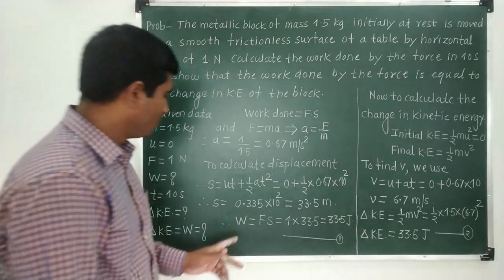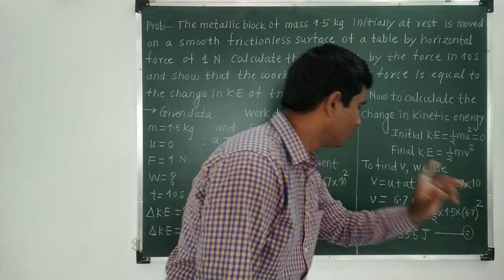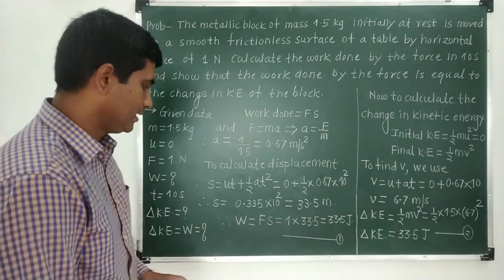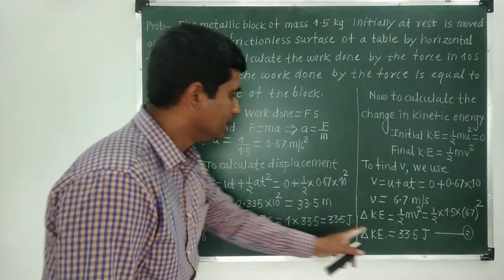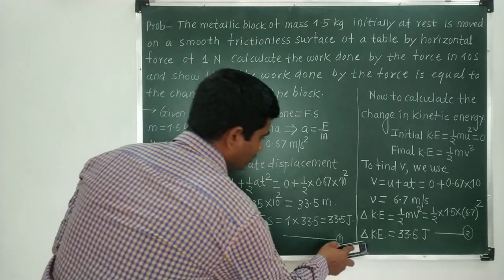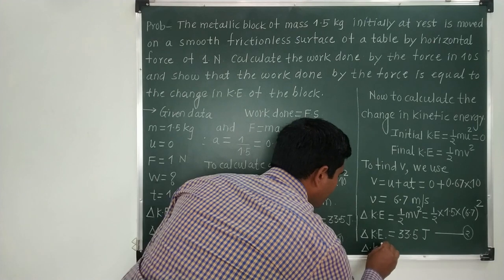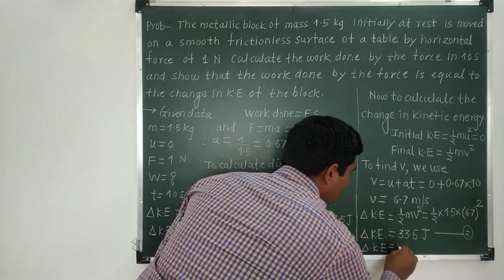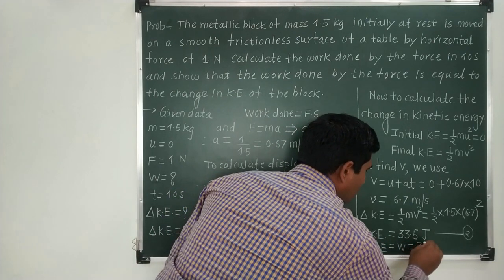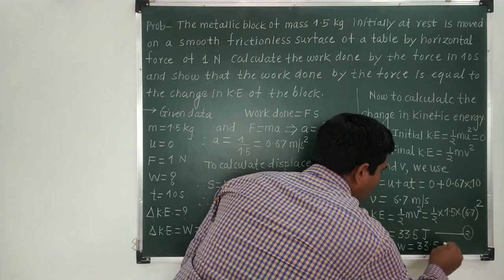Now if you compare equation number 1 and equation number 2, what we can write is that work done is equal to change in kinetic energy. The change in kinetic energy is equal to work done, which is equal to 33.5 joule.